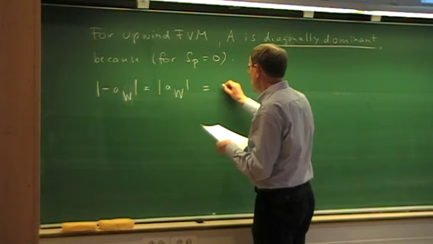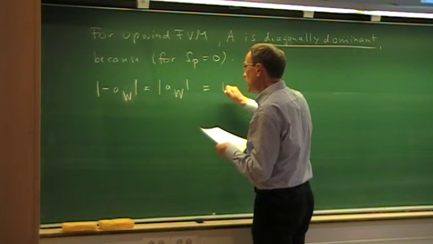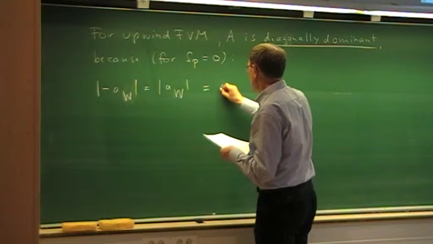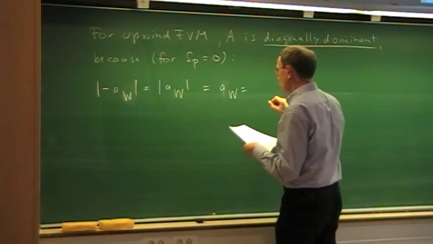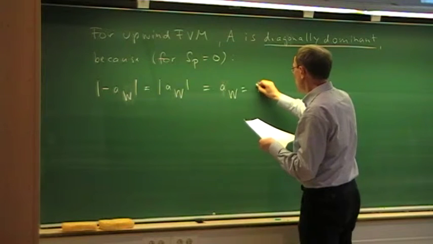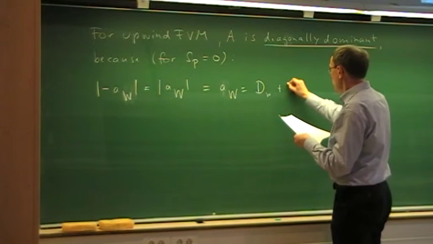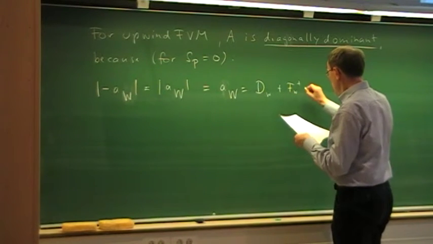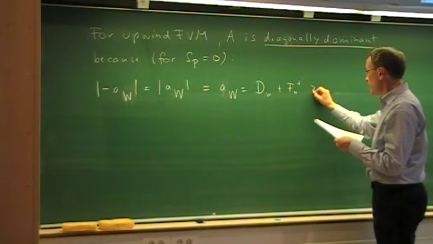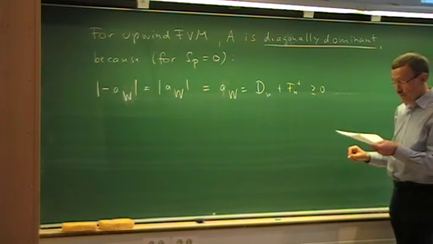That was the AW itself. We have here many AWs, but the point is that this is the diffusion conductance plus the FW, and then we have already argued for that to be larger or equal than 0.